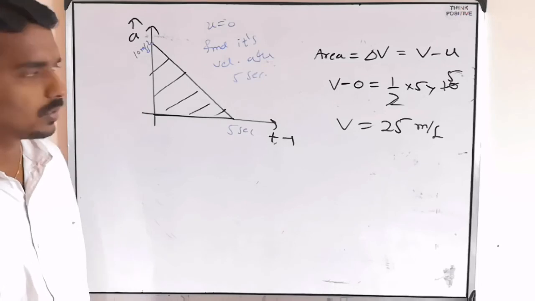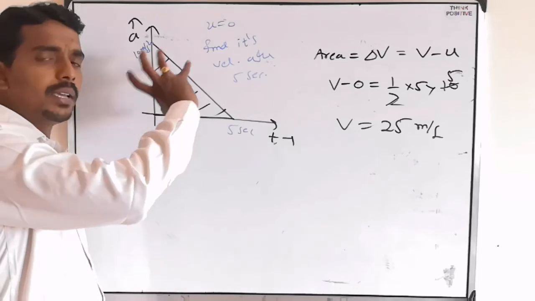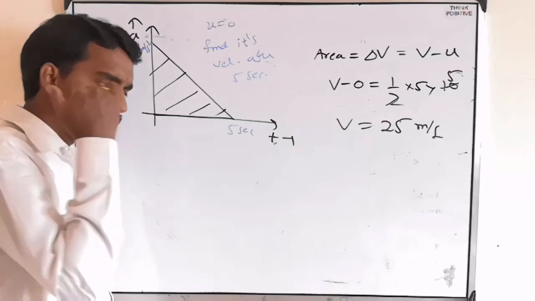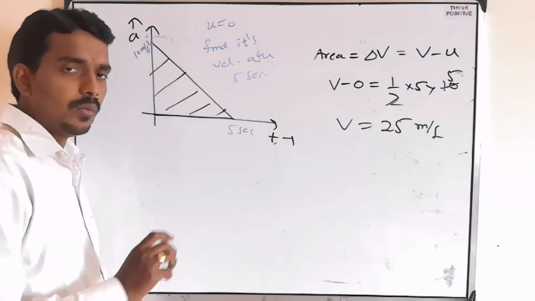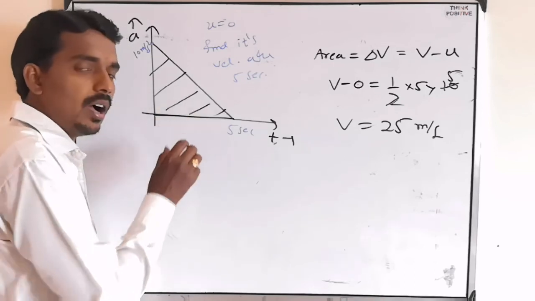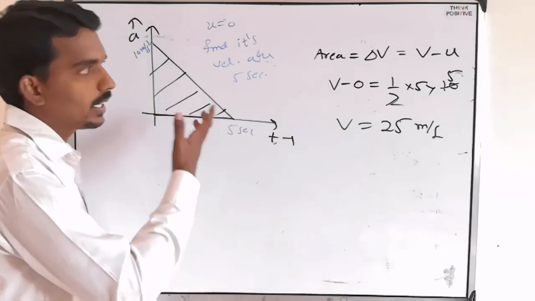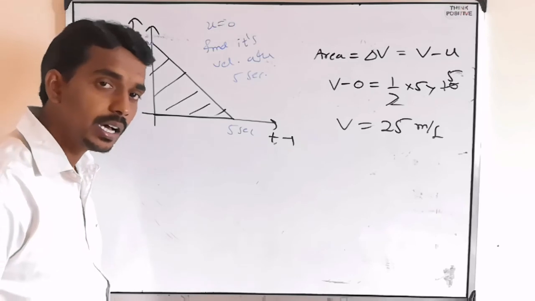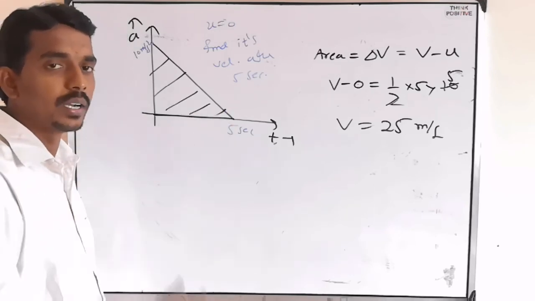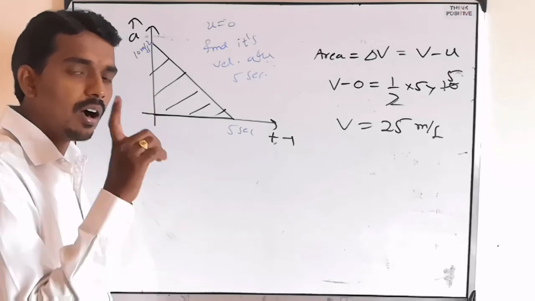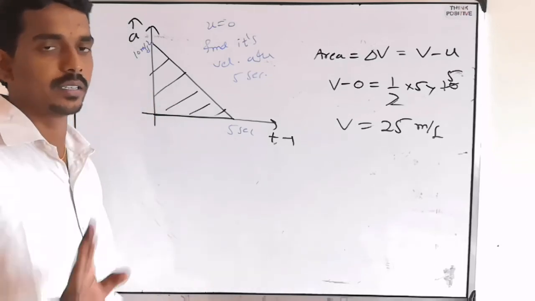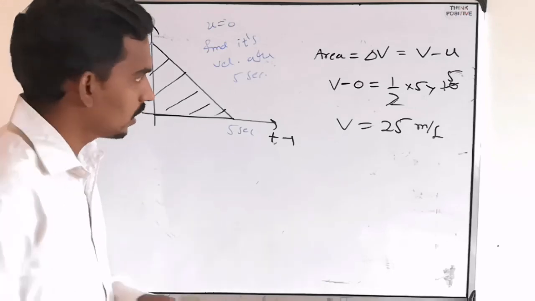The graph can be anything, but after looking into the question you have to think only two things: whether by finding area or by finding slope we can get the required quantity. Either you can get it by finding area or by finding slope. That's it.